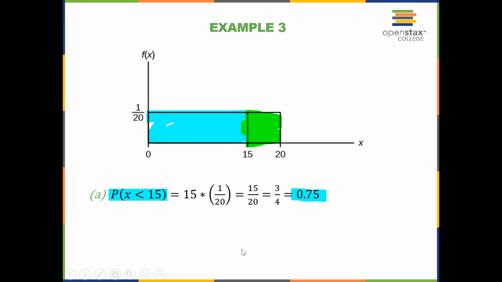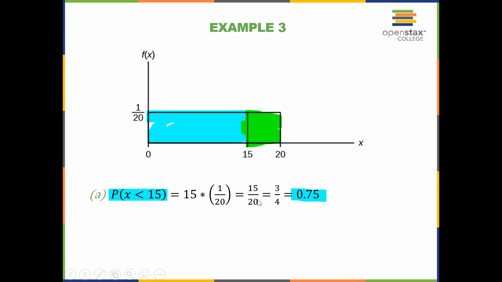Now, the green region is the probability of falling between 15 and 20. And since two of these regions complete the entire big rectangle, we know that when you add these two together, you'll get 1. Or in other words, if I subtract 0.75 from 1, this green region would be 0.25.